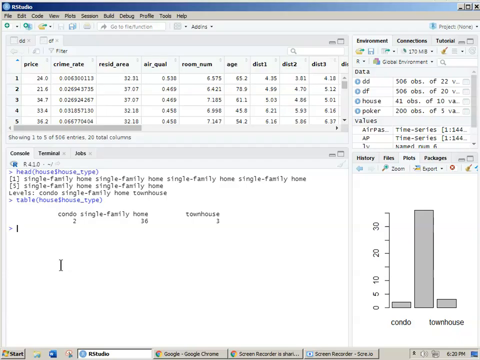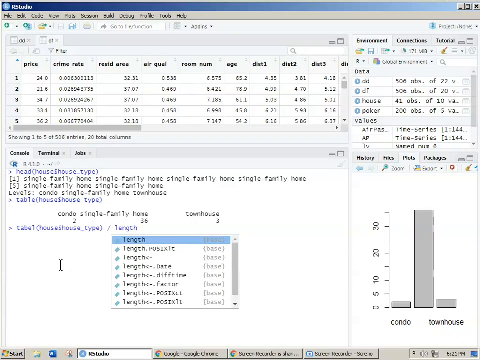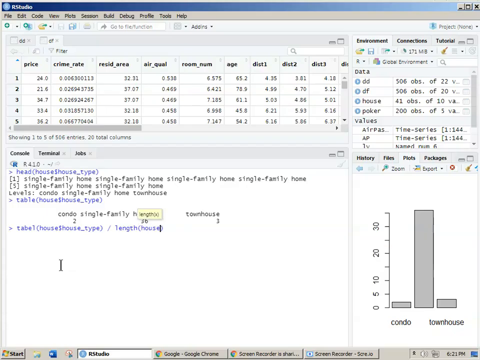Well, let's get a, what do you call it? A ratio. I guess you'd call it a ratio. What percentage of these are these? We will do a table of house$house_type. That's it. And then, don't ask why, but we do a length of house$house_type, same thing again.